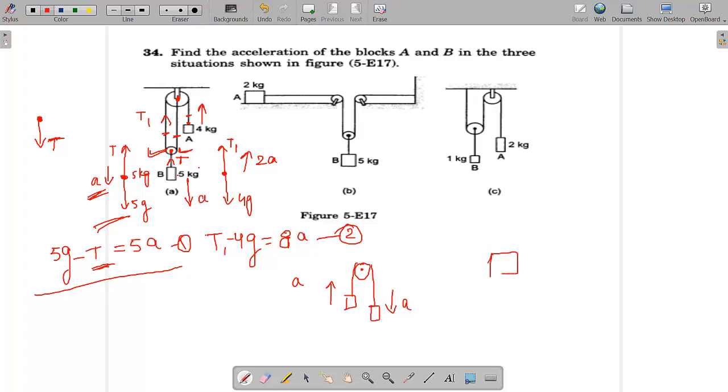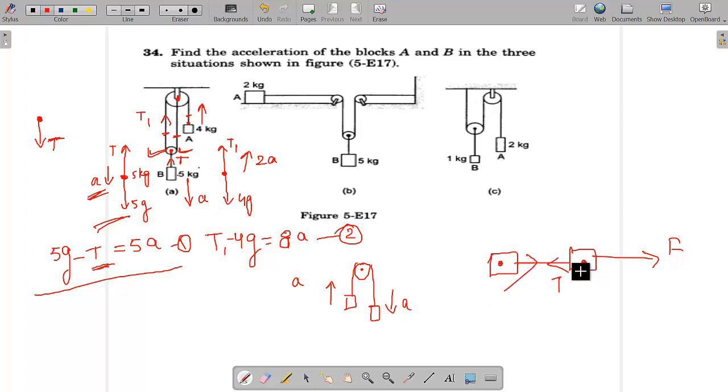If there are two bodies, the tension will always be in the opposite direction. If someone is pulling this body, if you consider this one as the body, the tension will be acting in this way. If you consider this one as the body, the tension will be acting in this way. Understood?